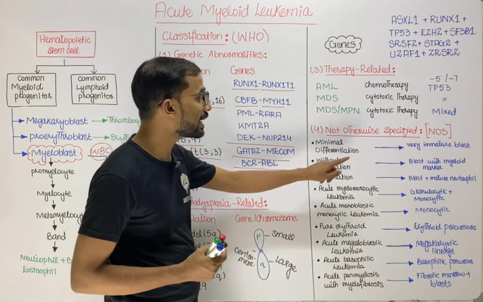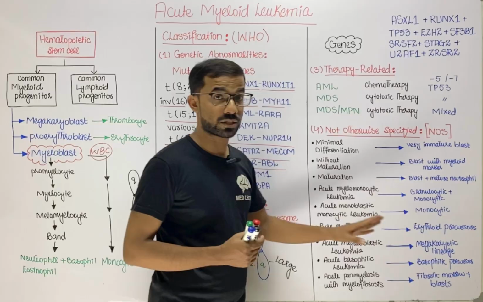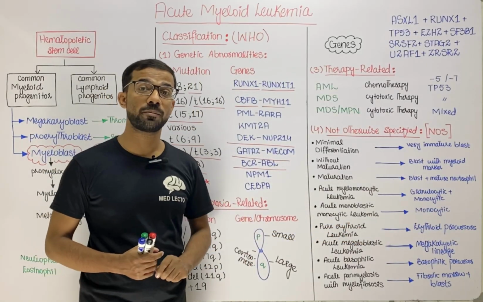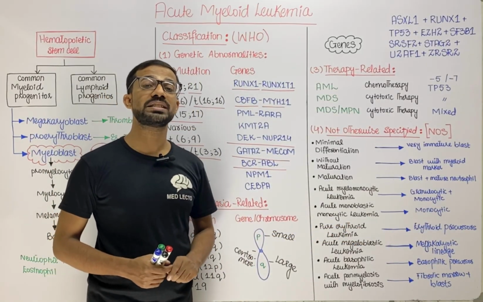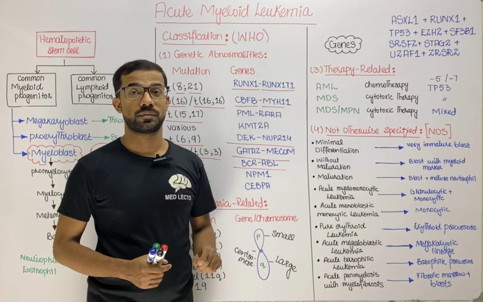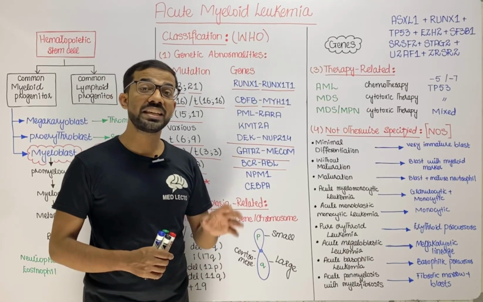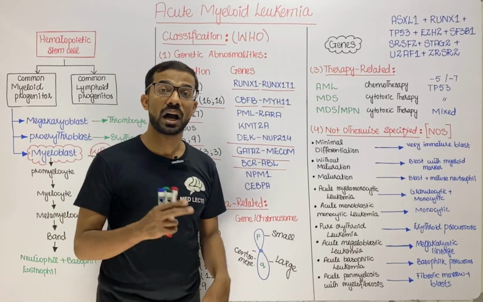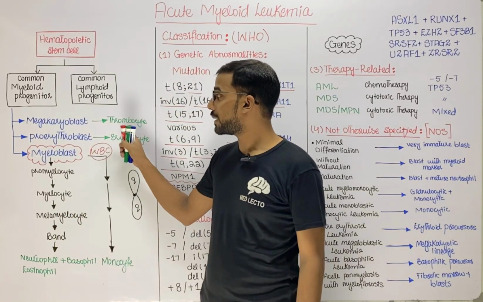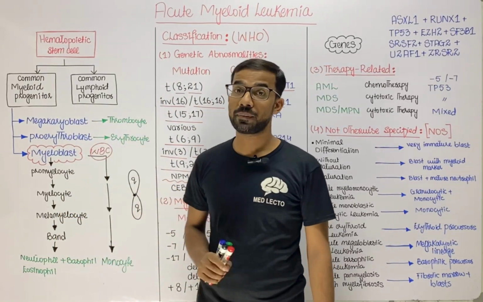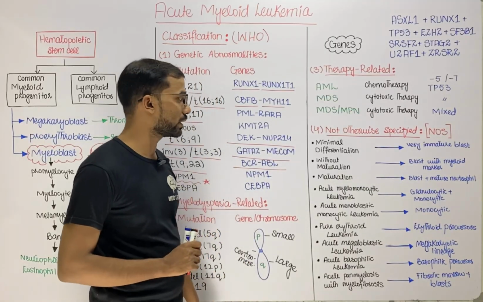So in that case, very immature blasts appear. An important thing you have to remember: in the bone marrow, you will see greater than 20% blasts, and these blasts suppress the other two lineages, the platelet lineage and the red blood cell lineage. So that is the important thing.